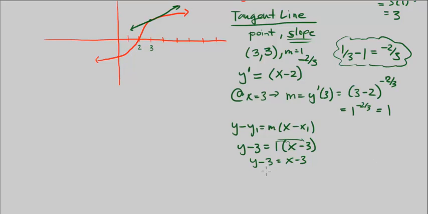Add 3 to both sides, and we just get y equals x. This is the equation of the tangent line to the curve at x equals 3.